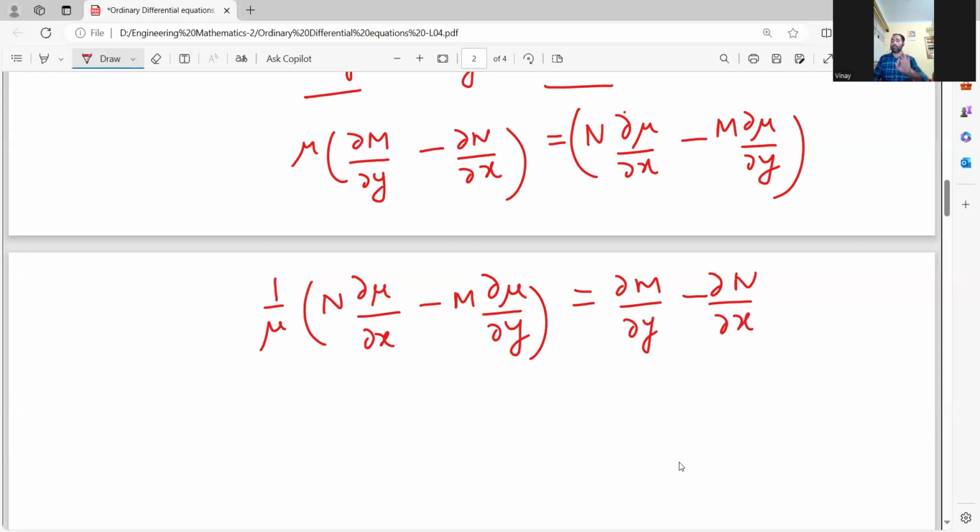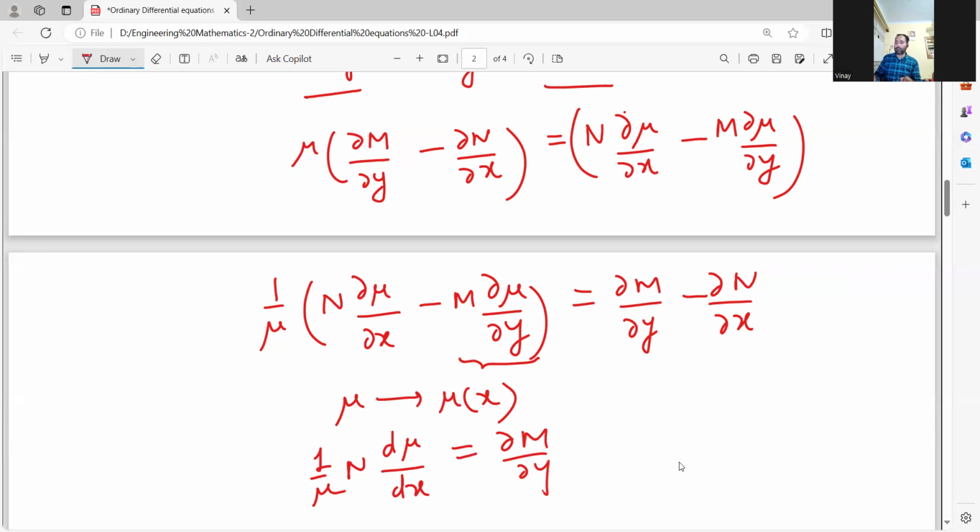Okay, now let's assume for a while mu is not a function of x and y both, rather mu is only a function of x. If that is the case, this part will go away. Del mu by del y will be 0, and this partial del mu by del x will become the full derivative d mu by dx into N into 1 by mu is equal to del M by del y minus del N by del x.